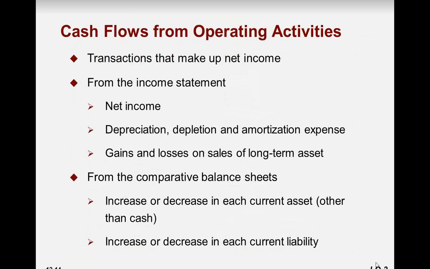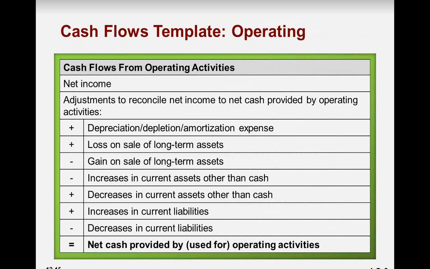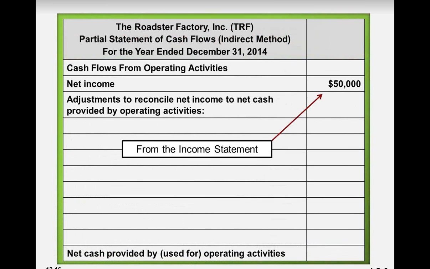So we use both the income statement and the balance sheet as shown on page 672 in your book to construct our cash flow. Again, here's the little chart of what we add and what we subtract to get to our net cash provided or used by operating activities. And then we move forward to actually construct this.